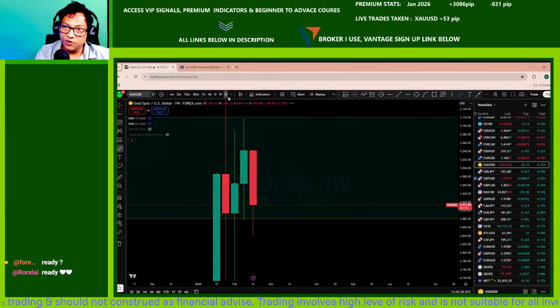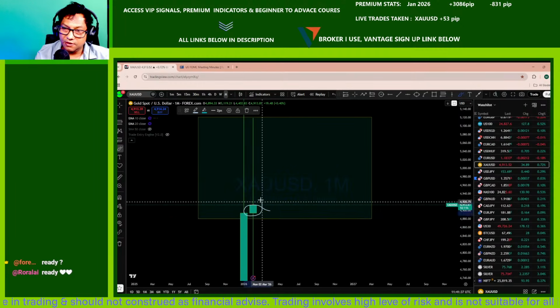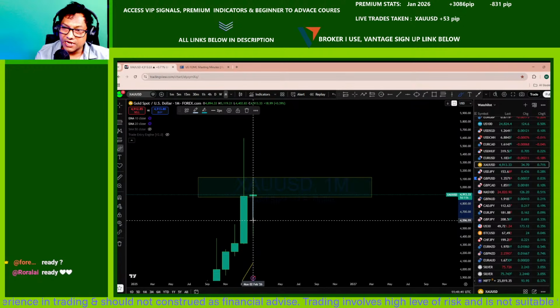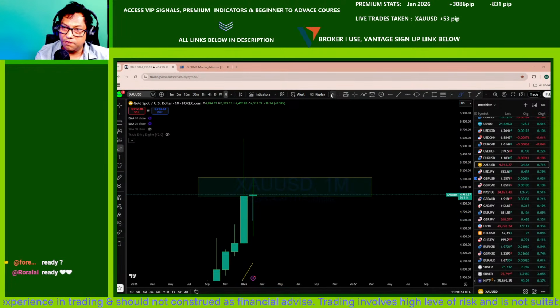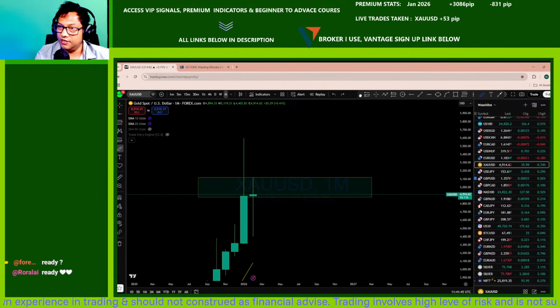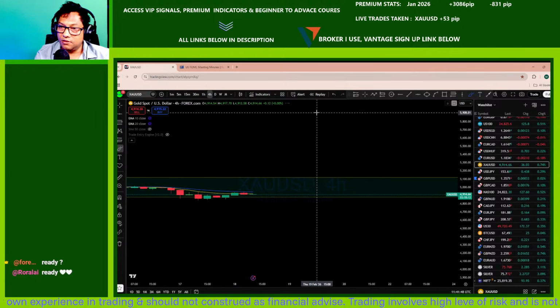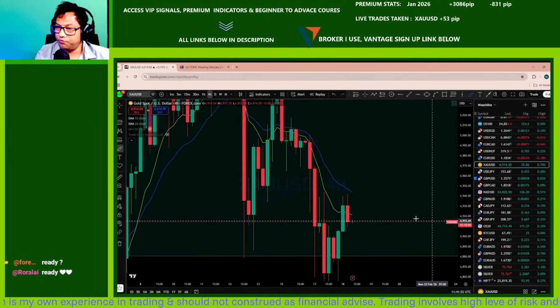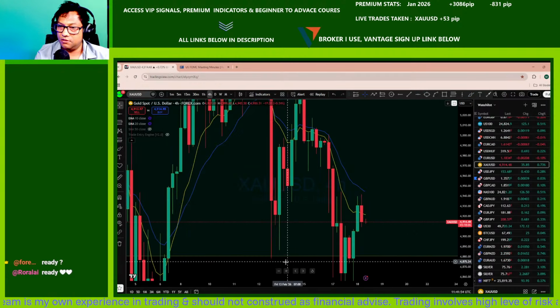If that's the case, if you look at the monthly here, the price is at the monthly support level. That means we might see that deepen and then return back to the upside here. And that's the price action I'm looking at.